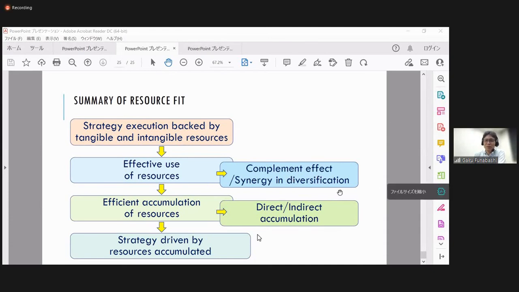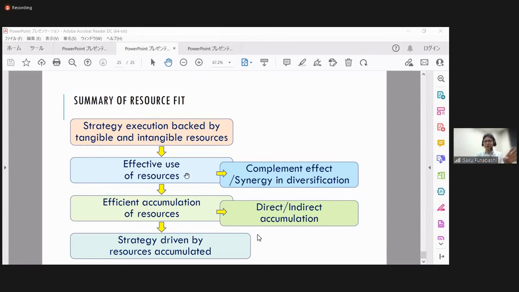That is the complement effect. And also synergy. I explained there are 4 kinds of synergies: operation synergy, investment synergy, sales synergy, and management synergy. You think about how to achieve the synergy. Maybe you can get some ideas for effective use of resources.